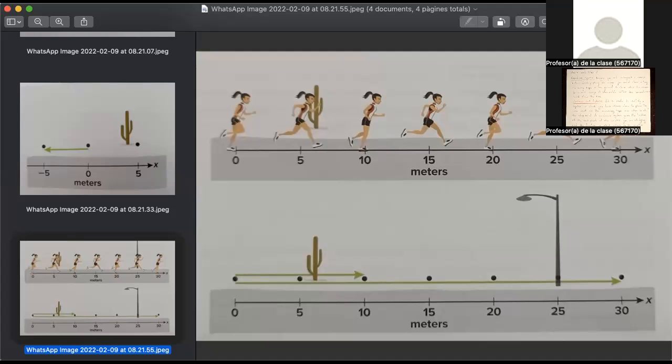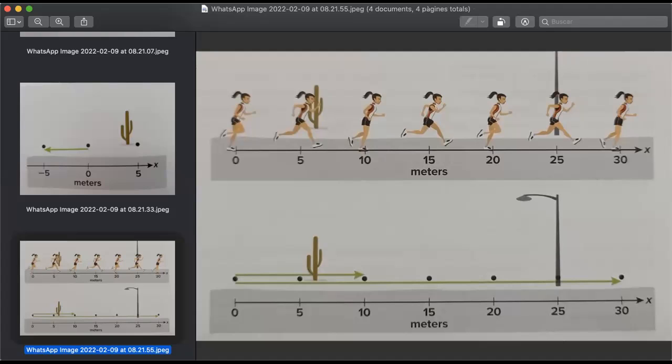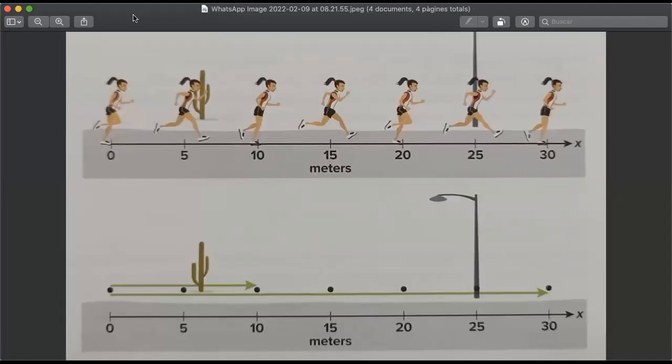Okay, so I will share my imagination over here. So let me see. This will be the first part. So we have our runner and a long measuring tape on the ground. Every 5 meters will be a point of measurement.